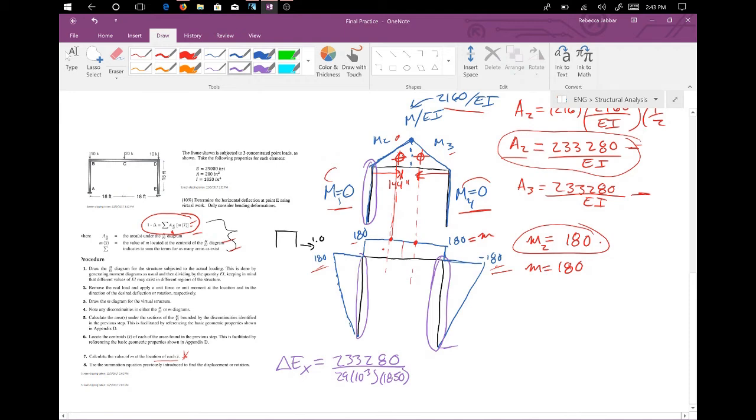But it would be so little if it did cause a movement this way, and the question tells us to only consider bending, which is what we're doing by only looking at our moment equations.